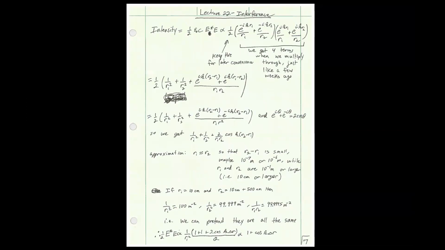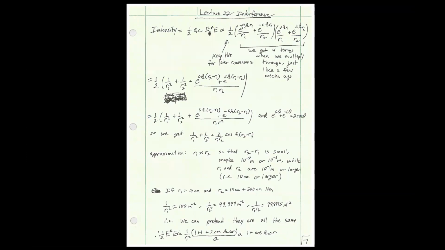So intensity is 1/2 some constants multiplied by E star E, which is proportional to 1/2 of all of this. We've got the complex conjugate, e^(-ikr1)/r1 plus e^(-ikr2)/r2, multiplied by the field. We're going to keep that 1/2. It's convenient later. It cancels out some things. When we multiply these two expressions, we get 4 terms.